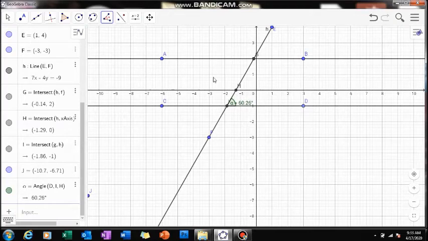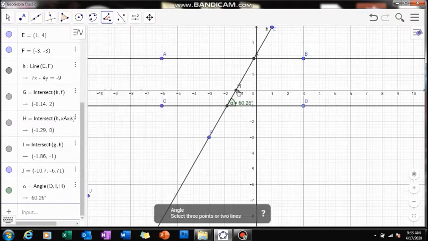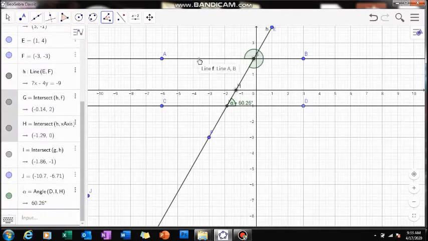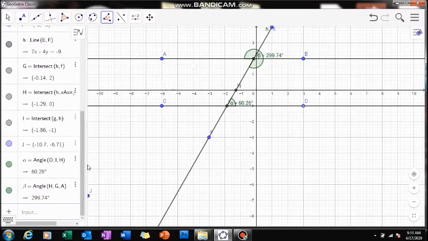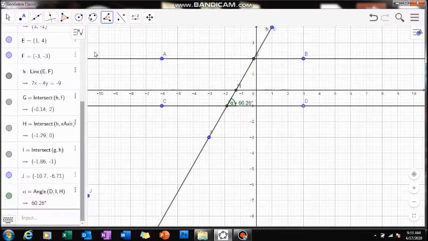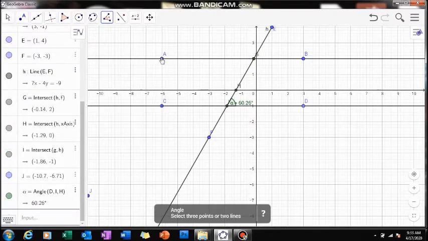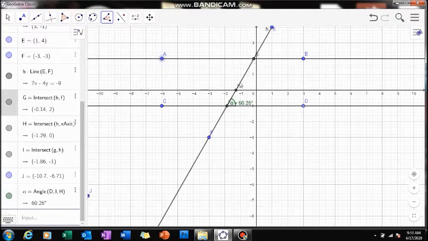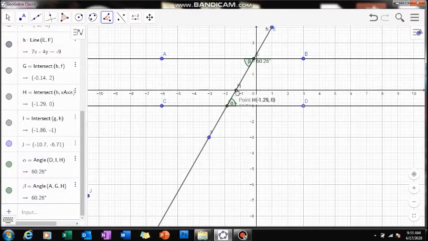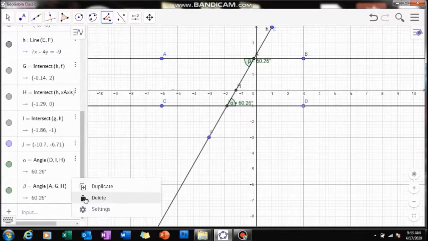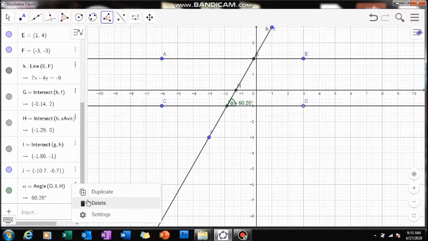Okay, alpha is equal to 60.26. Sorry, it's wrong. Okay, alpha is equal to beta. It's equal to 60.26.